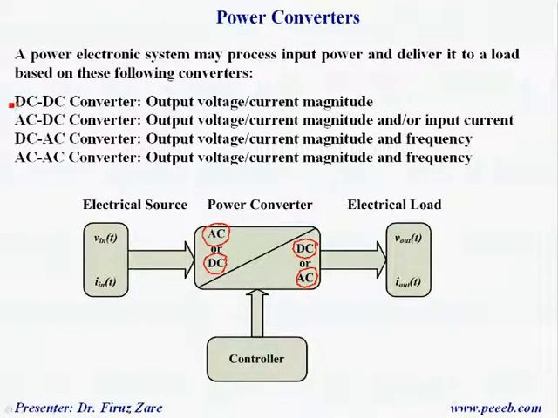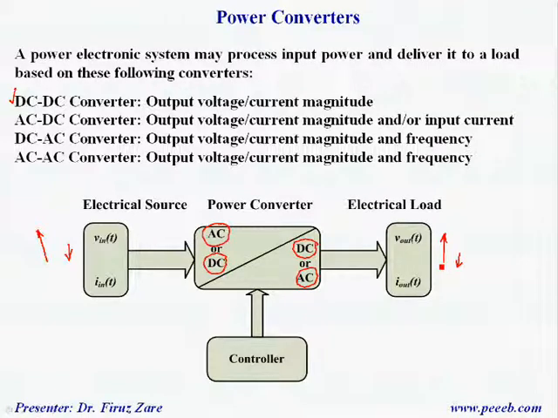The first one is the DC-DC converter. For different applications, we can control the output magnitude. For example, if the input voltage is pretty low coming from a battery, we can boost the voltage. We can provide more voltage for different applications. Or if the input voltage is pretty high, because it comes from, for example, a rectifier, and we need low voltage for an electronic system, we can reduce the voltage magnitude.